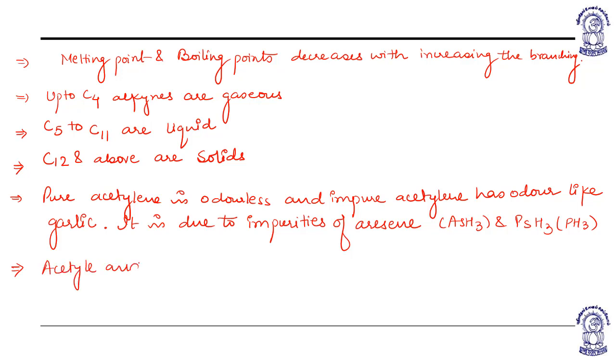Acetylene, or we can say the terminal alkynes, are acidic in nature. The reason is the sp hybridization, the percentage s character, which is 50%, makes the carbon more electronegative.